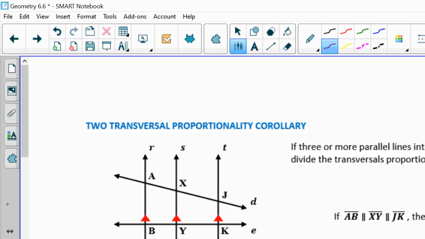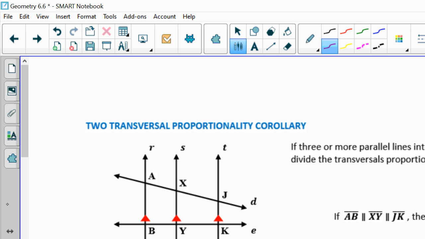So now we're going to look at the two transversal proportionality corollary. Okay, so this tells me that if three or more parallel lines intersect two transversals, then they divide the transversals proportionally. So here I have line AB parallel to line XY, parallel to line JK. Then I could say that those are proportional, okay?